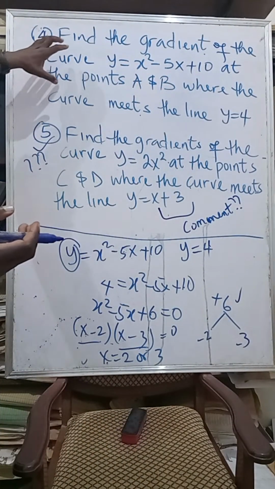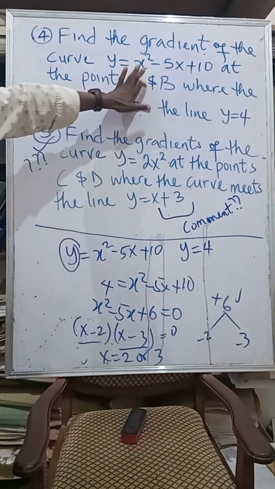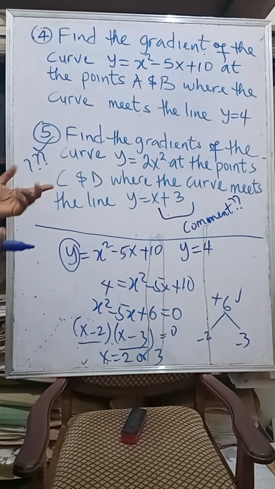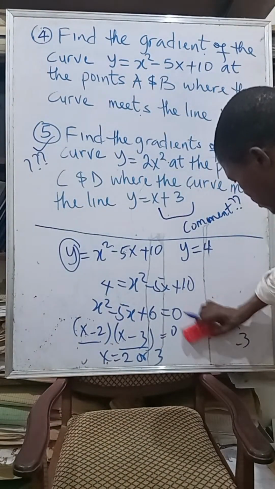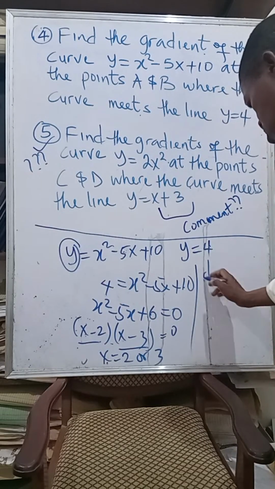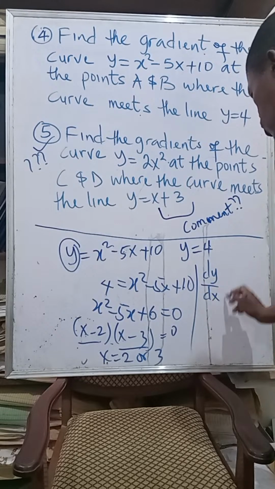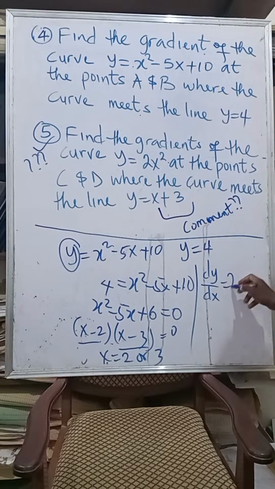Then we need to get the gradient of this curve at those points. The gradient, dy/dx, will be equal to, the 2 will come to the front, 2x minus 5, at points A and B, which is 2 or 3.